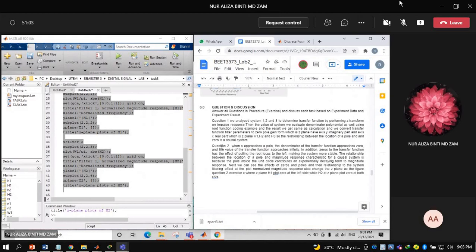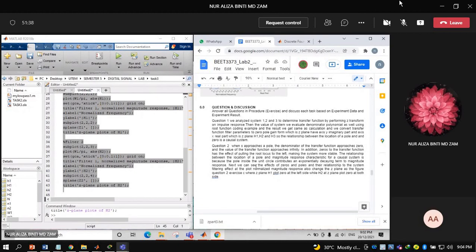For question 2, when S approaches a pole, the denominator of the transfer function approaches 0, and the value of the transfer function approaches infinity. In addition, a zero in the transfer function has the effect of pulling the root locus to the left, making the system more stable. The relationship between the location of the poles and the magnitude response characteristic for a causal system is that poles inside the unit circle contribute an exponentially decaying term to the response.